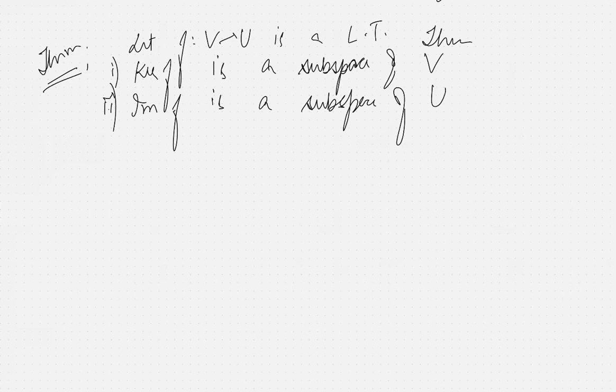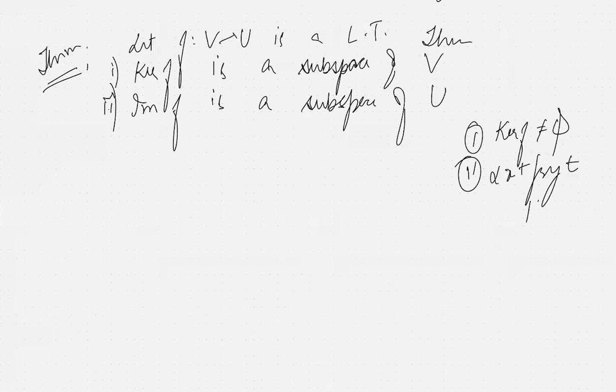The first one: the set that we are proving to be a subspace can't be equal to phi, it's not empty. And the second thing we need to prove is that alpha x plus beta y belongs to kernel f.